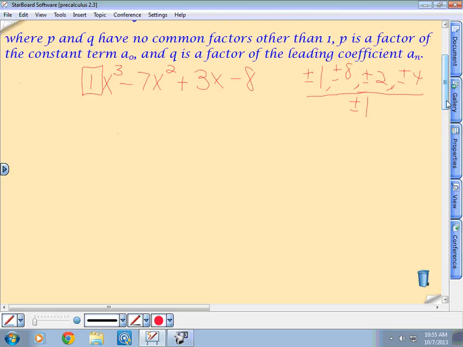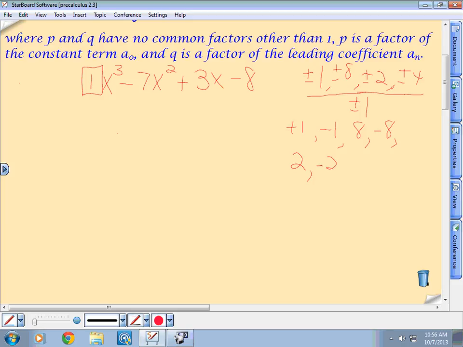So we're going to take those and put them over, what numbers can those possibly make? Well, plus 1 over 1, so it can be plus 1. It can be minus 1, because you could have plus over a minus or a minus over a plus. Then do the 8s next. 8 over 1 is 8, and it could be negative, so it can be negative 8, right? What's this one?